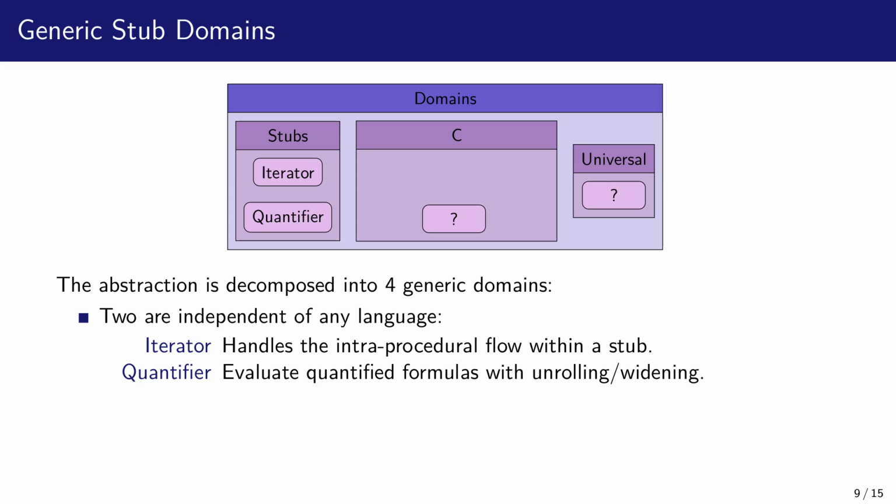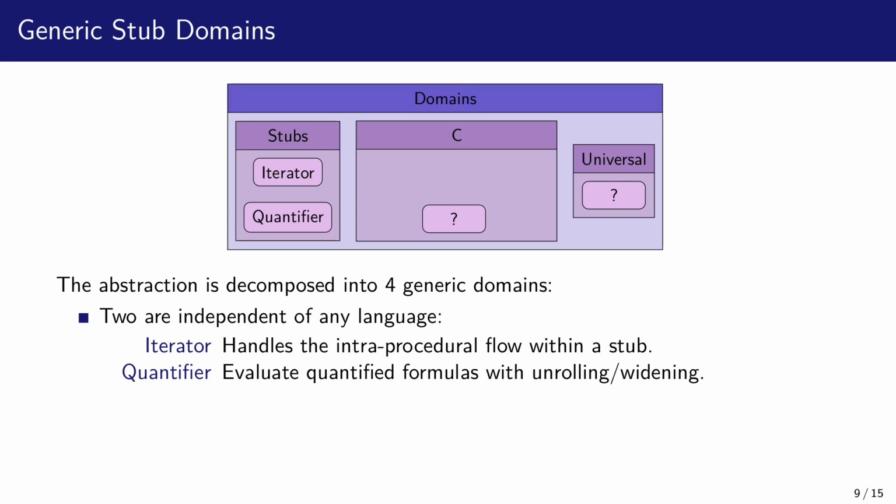We have the iterator domain that handles the intraprocedural flow inside the stub by executing the statements of the stub in the appropriate order. And the second domain is a generic evaluator of quantified formulas. It basically translates them as while loops so that we can use unrolling, widening, or other iteration policies.